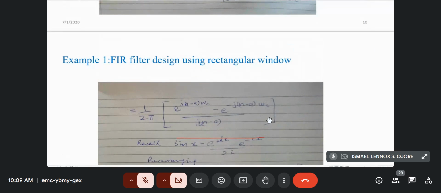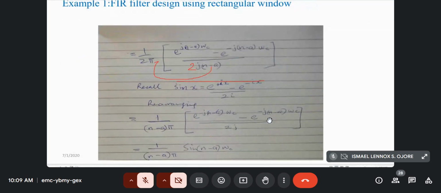So we reorganize this so that you get 2j here, and you bring this here. It becomes pi times (n minus a), with 2j here. So this becomes sin of (n minus a) omega c.